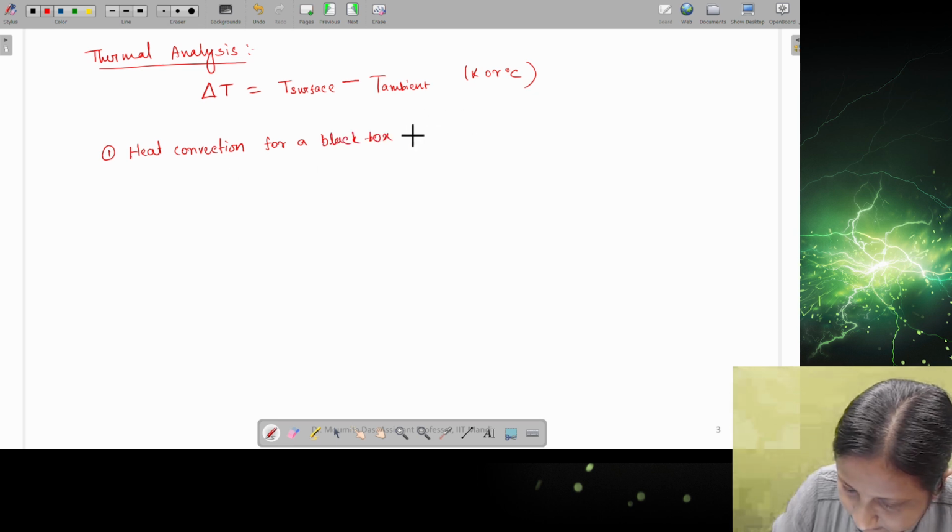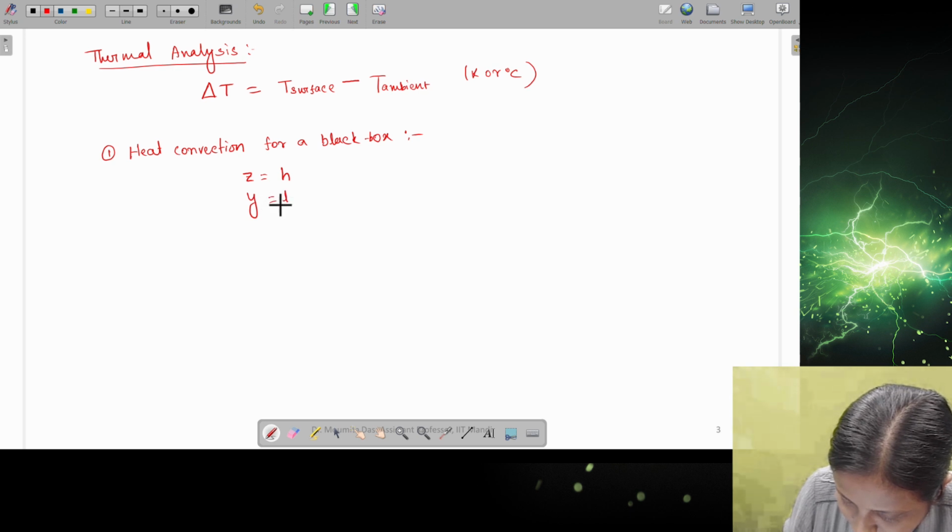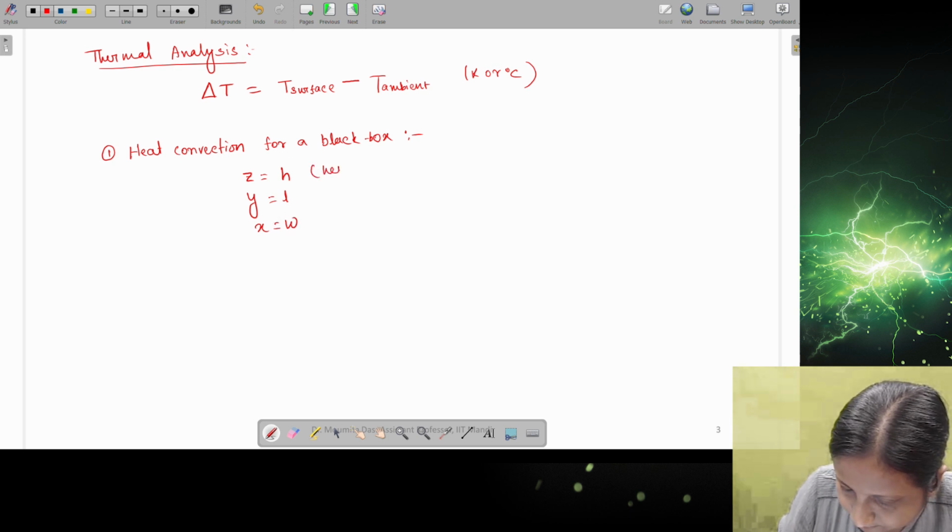So here in this case, let's consider Z represents the height, Y represents the length of the box, and X represents the width of the box.